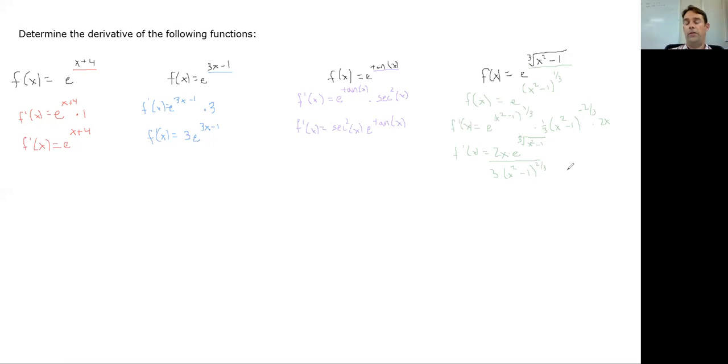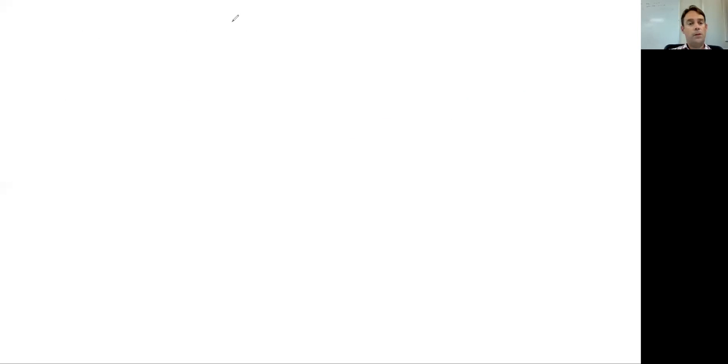Or you could say the cube root of x squared minus 1 squared. So hopefully this isn't too terribly bad. You're looking at this going, okay, it's pretty straightforward, not too shabby. We'll try a couple of applications here of it, and then, like I said, we'll call it a day.